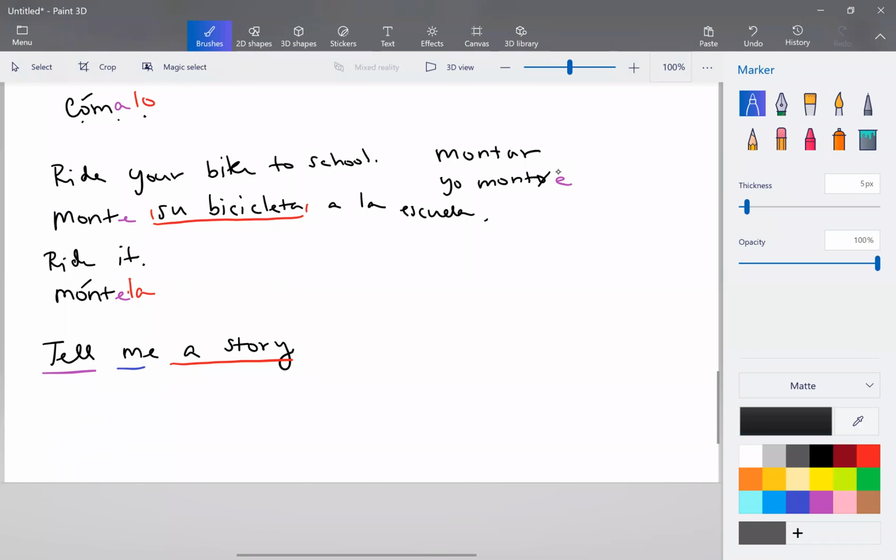Tell it to me. So here's our verb. And yo digo. So our usted command would be... not quite yet. Diga. No, diga. Diga.